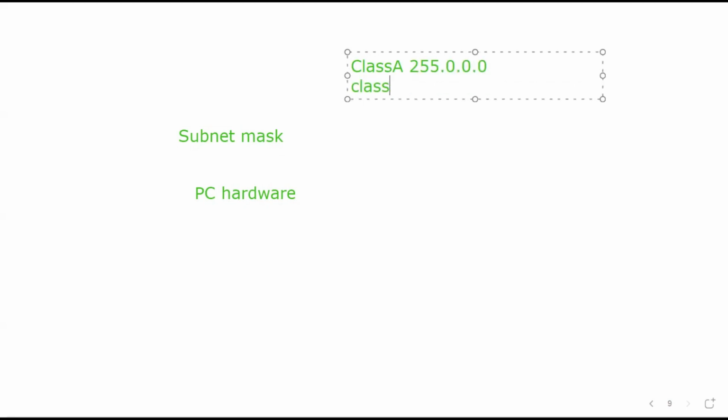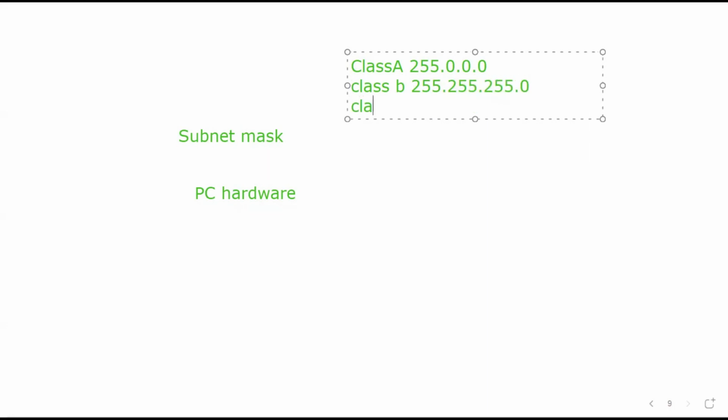Class B subnet mask, which has two fixed, we can write as 255.255.0.0. And class C has three fixed, 255.255.255.0. Okay.